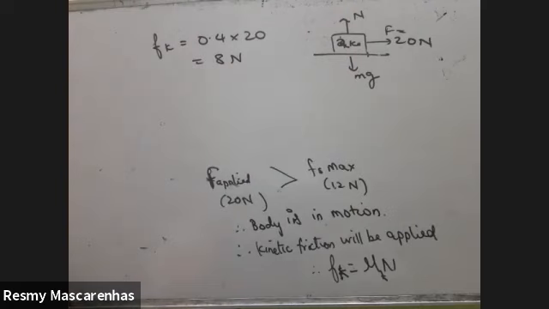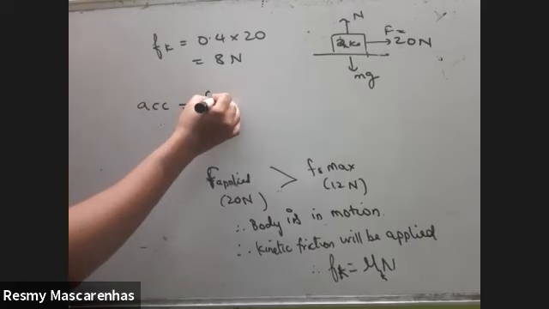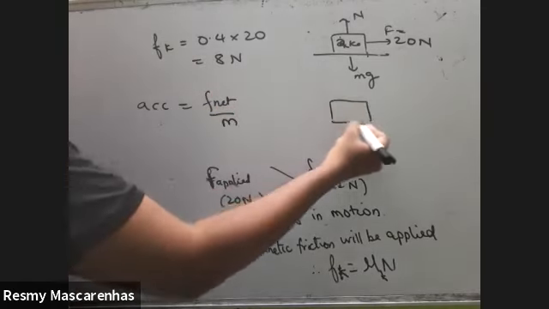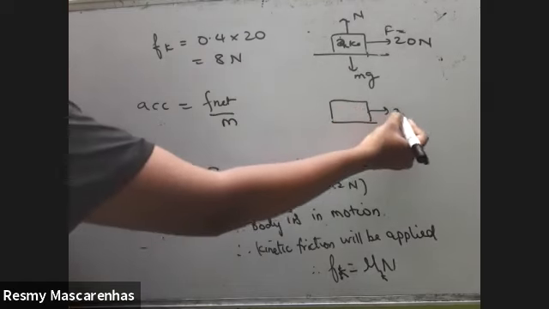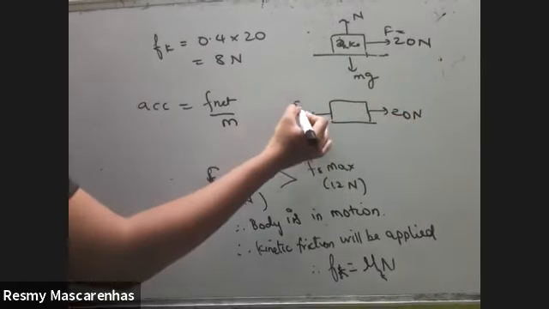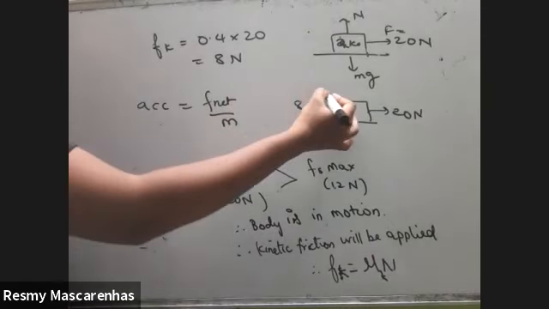And now acceleration will be there definitely because the body is in motion. Now acceleration is not zero. Acceleration you have to calculate. The acceleration is nothing but F net upon mass. Again, we have to just modify. We have to check all the forces. This side is 20. Now this is opposite, 8 Newton. Frictional force will be there because the body is in motion.